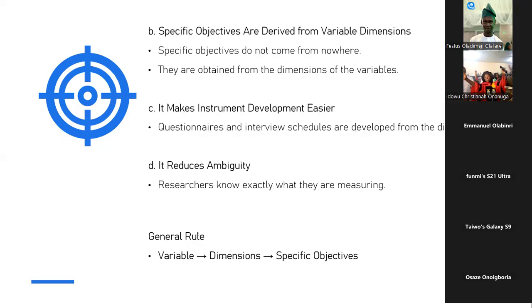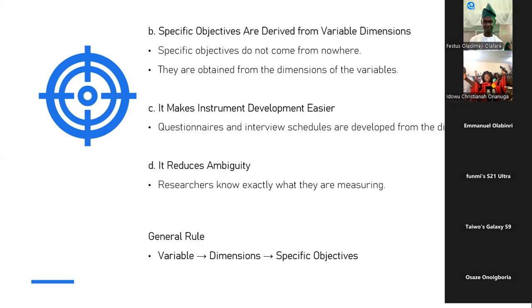Then you look at it critically and pick the one that is much easier to break down. Then you break it down. Breaking it down does not mean that you want to focus on everything. You first break it down, then you select the ones that you want your study to focus on.